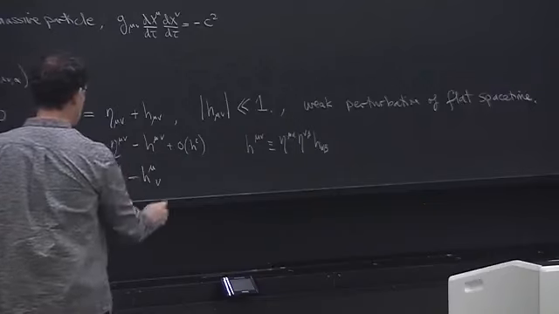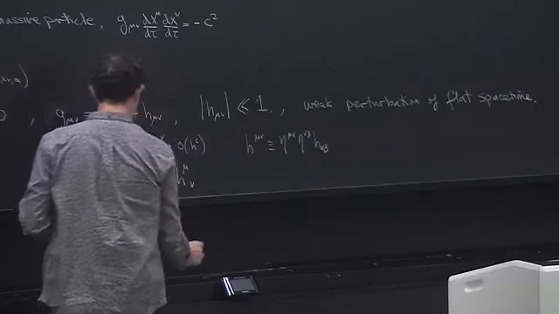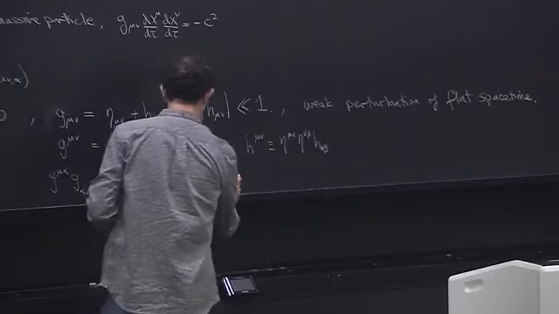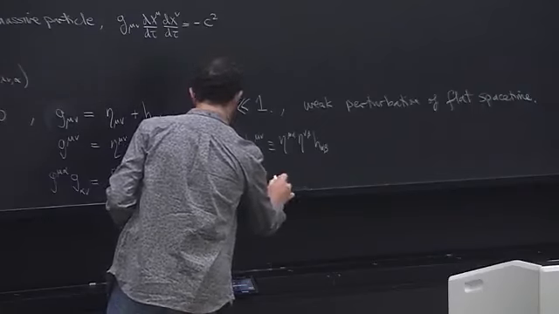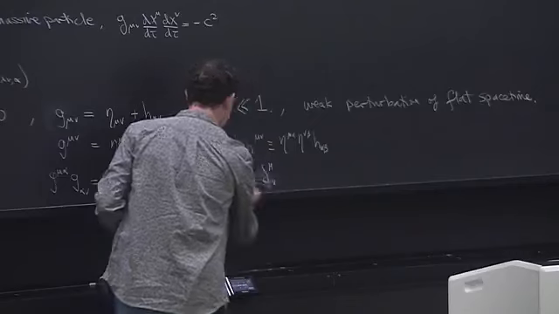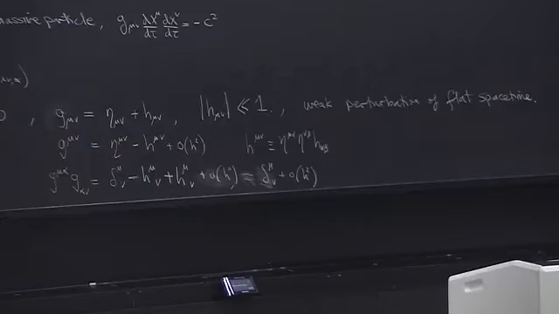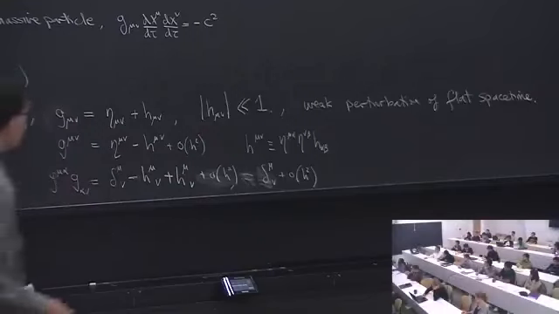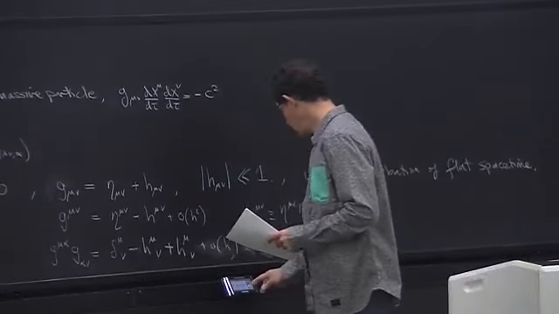Likewise, taking this h and raising one of the indices gives me plus h mu nu, plus order h squared. So that's equal to delta mu nu plus order h squared. Okay, so that's the inverse metric.